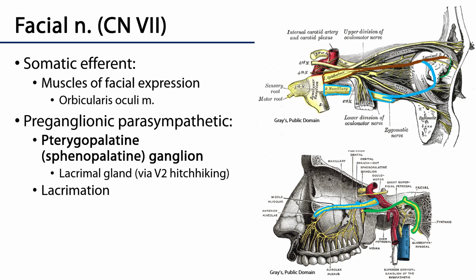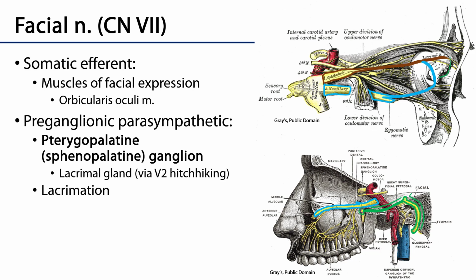Here we can see the facial nerve traversing an osseous canal in the temporal bone, and it's sending off, here in green, preganglionic parasympathetic fibers heading out to another peripheral parasympathetic ganglion called the pterygopalatine ganglion, also known as the sphenopalatine ganglion.